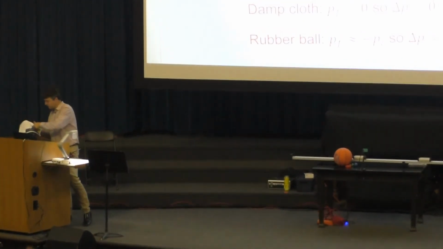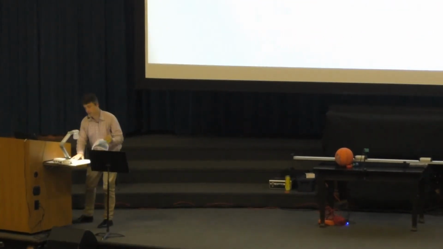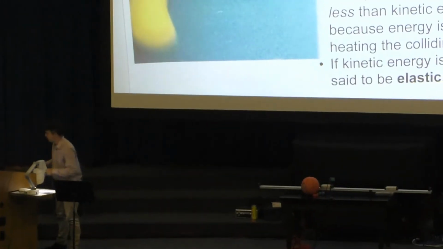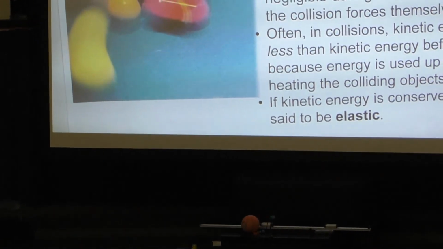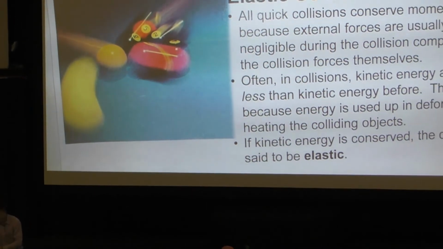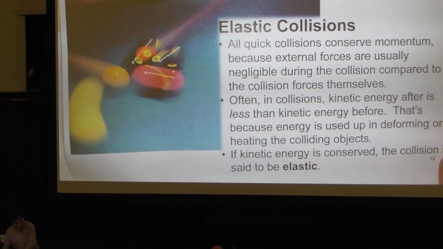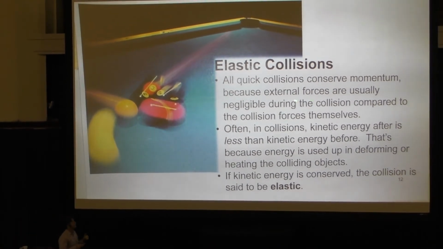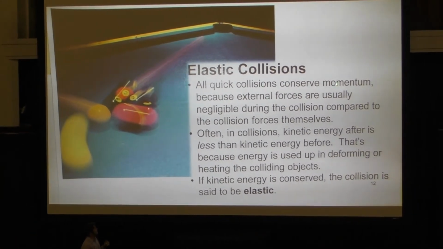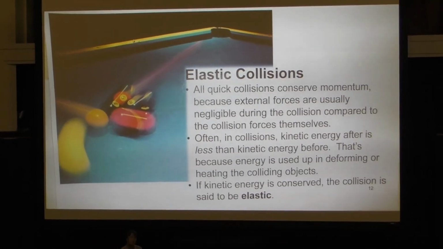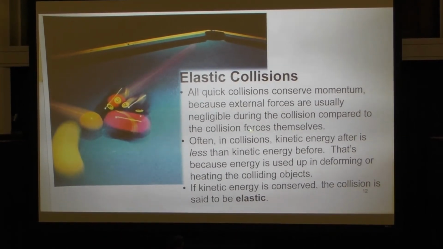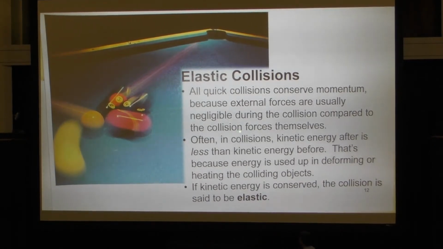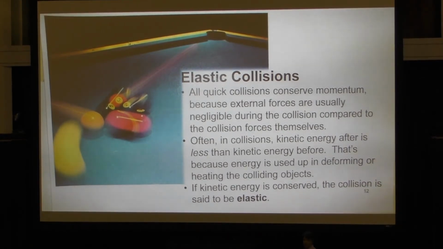Next up, I'm going to do this elastic collisions math. My math is a little bit easier than Wolfson's math, though, and I'll show you why. So what's an elastic collision? Any quick collision conserves momentum because the external forces are usually negligible during the collision compared to the collision forces themselves.